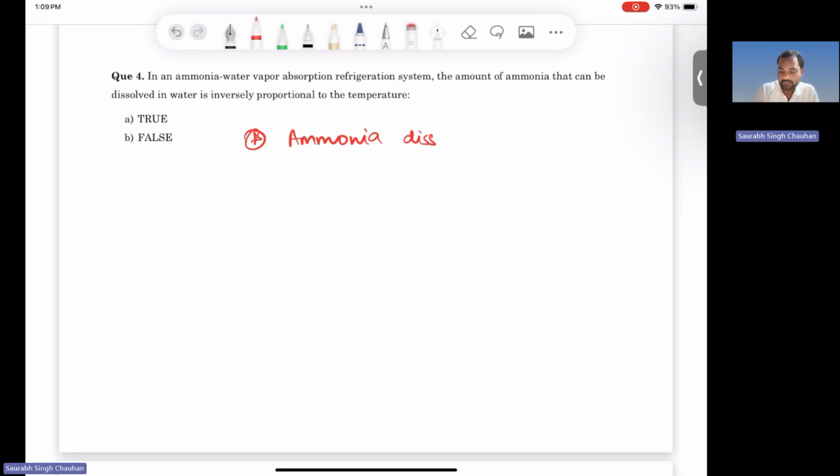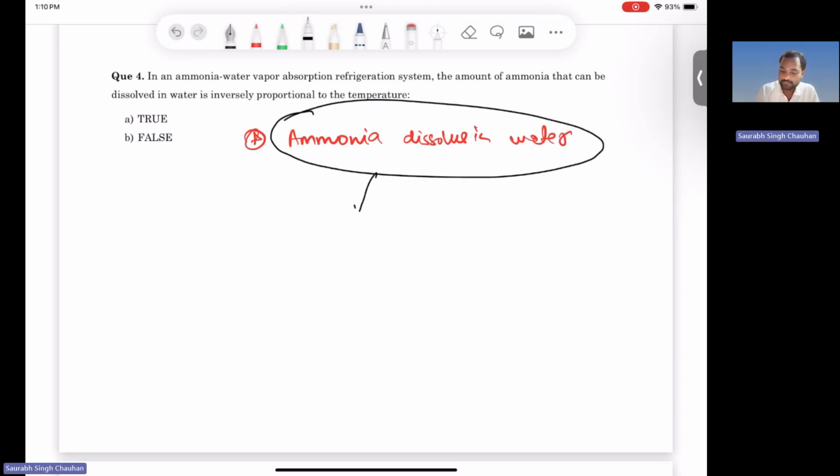Ammonia dissolves in water, and this process is exothermic, right? Heat is released, right?